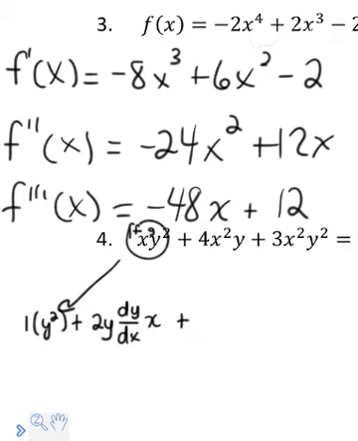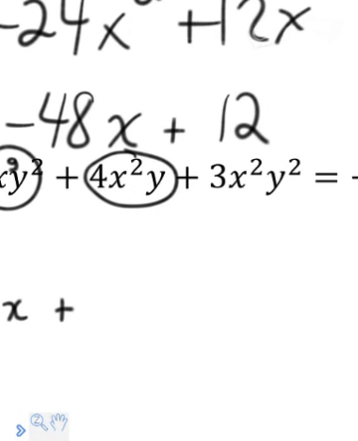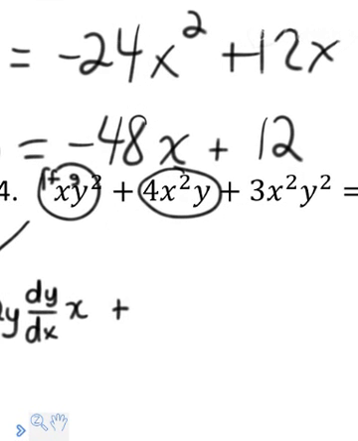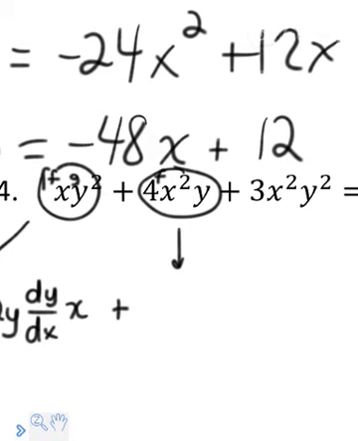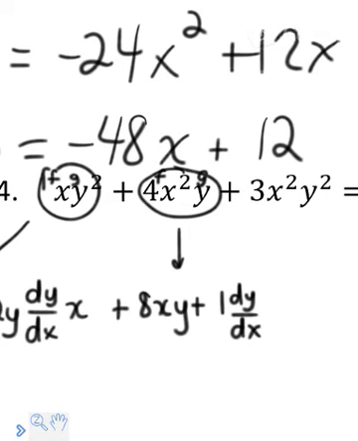Okay. Now we can take the derivative of this 4x squared y. That's going to be another product rule. So we can consider another f function here and a g function there. So f prime is going to be 8x, so f prime g plus g prime, the derivative of y is 1 dy dx. So that's g prime times f.